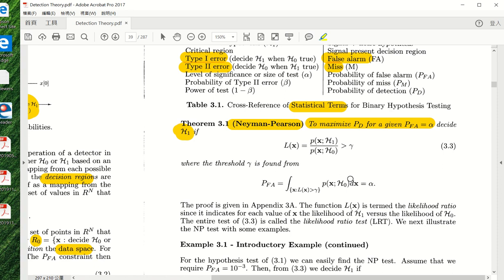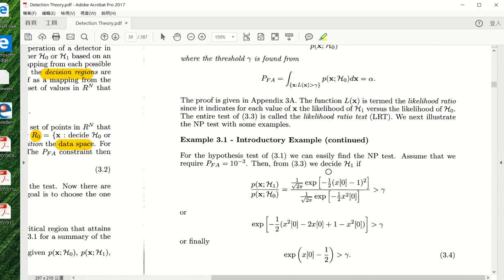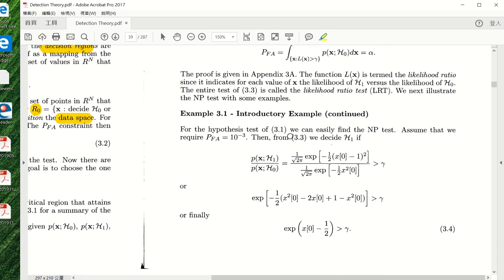When we set that to alpha, then you will find an area for H1 and an area for H0. And that helps us to make the decisions. And then that will help us to maximize PD for given PFA. And we call it Neyman-Pearson. Okay, so the next thing is we are going to do a simple example, but we will stop here for a moment and come back later.